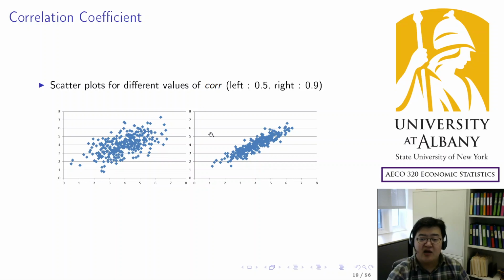Their difference comes from the correlation coefficient. This weaker graph has a correlation coefficient of 0.5. As the correlation coefficient increases toward +1 or -1, in this case it's positive, so toward +1, the observations become tighter.